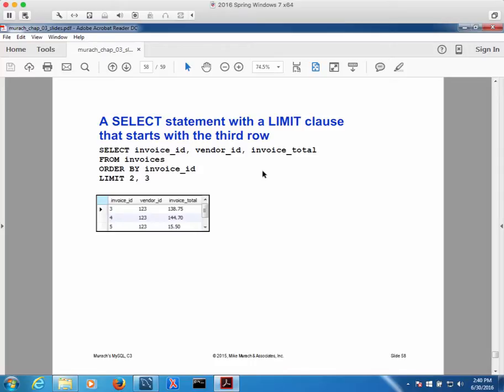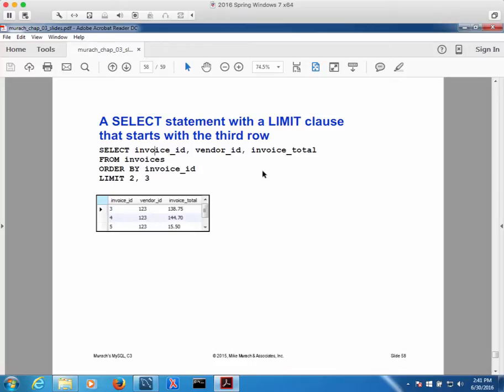Now this is the kind of thing that you use when you're trying to send back multiple pages of things. So let's say you're creating a web app and somebody says they want the next page. Well, if you just did the third page and you're going to the fourth, then you want to skip over 3 pages worth of rows and get the next however many you want to display.